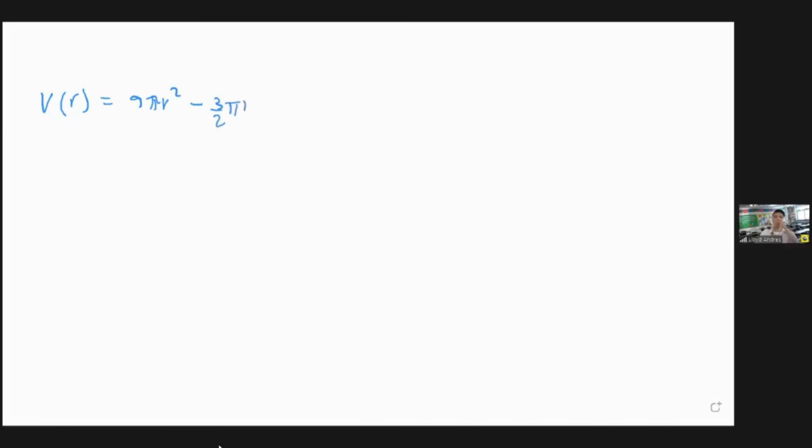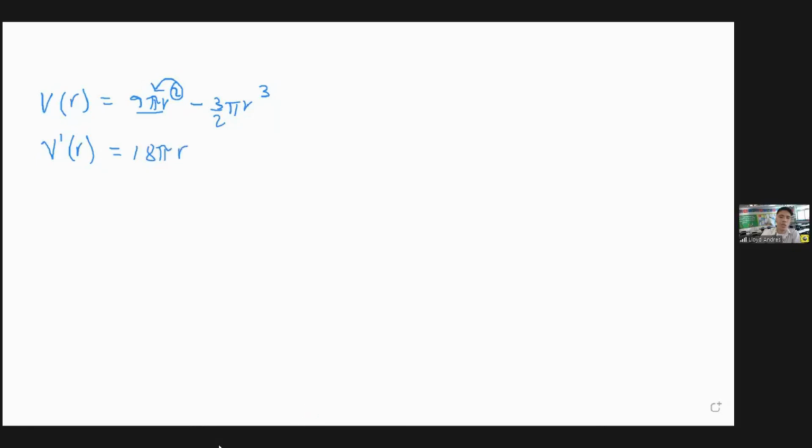In our function, we need to find the derivative. And this 3 halves pi is a constant, so we apply the constant multiple rule, which is to multiply by the exponent. So we get 18 pi r, because we subtract 1 from the exponent 2.